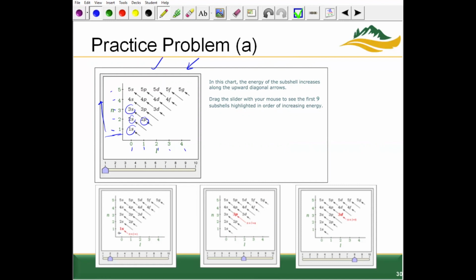For instance, we fill the 1s orbital first, next 2s, then 2p, then 3s, 3p, 4s, then 3d, right? Don't forget that one exception, where n is equal to 3, but it pops in here. So 3d comes after 4s. So definitely find a way to feel comfortable knowing the order of these subshells to fill up electrons from lowest energy to highest energy according to the Aufbau principle.